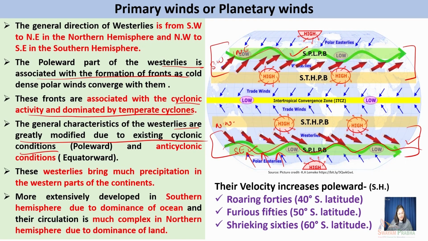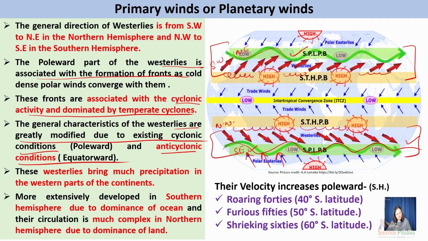And towards their equatorial side, they are influenced by the anticyclonic conditions. So they have mixed characteristic features, where on their poleward part they have cyclonic conditions and towards the equatorial part they have anticyclonic conditions. And these westerlies bring much precipitation in the western part of the continent.